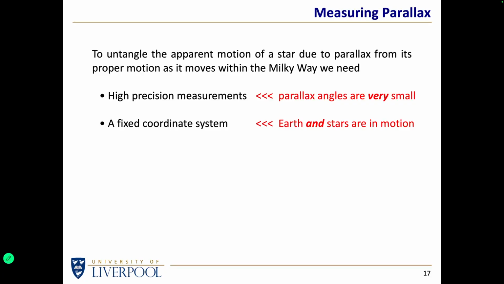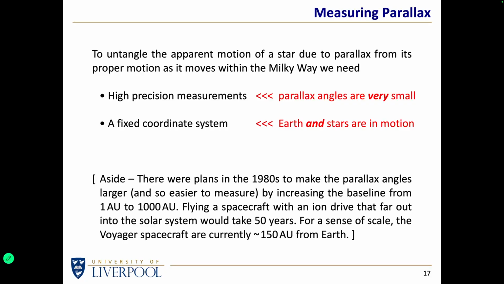Just as an aside, there were plans back in the 1980s to try and make the parallax angles bigger, not by bringing the stars any closer, which of course is impossible, but we could increase the size of the baseline we use for our triangle to try and get the motion of nearby stars. And there were plans to say, let's not work out the parallax angle over 1 astronomical unit, the distance from the Sun to the Earth.